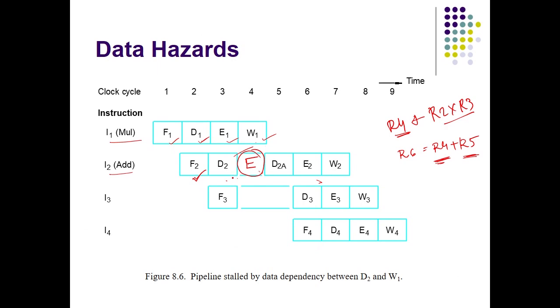According to the continuous flow of instructions, the second instruction would be executed at the fourth clock cycle, but this will not happen. Why? Because the operand of the second instruction is linked with the first one.